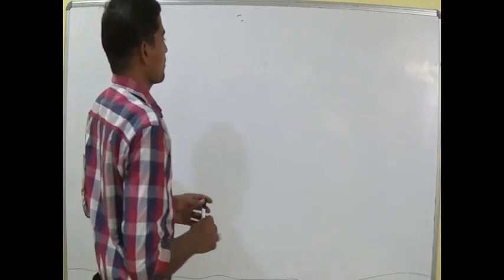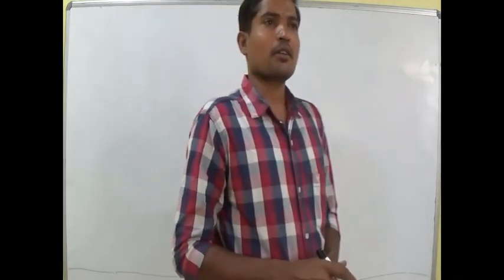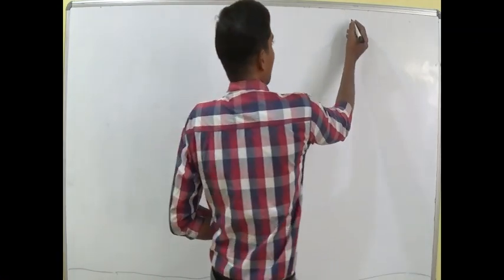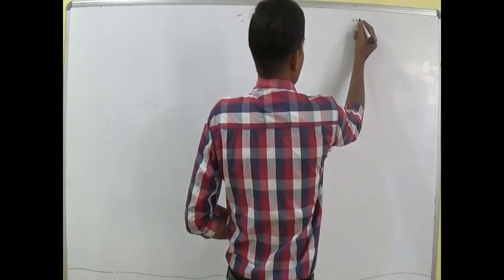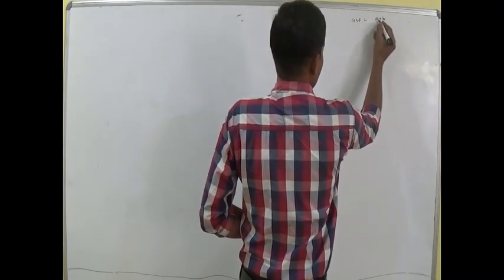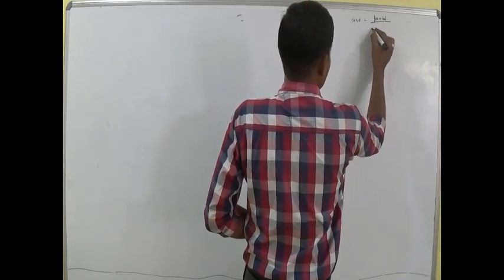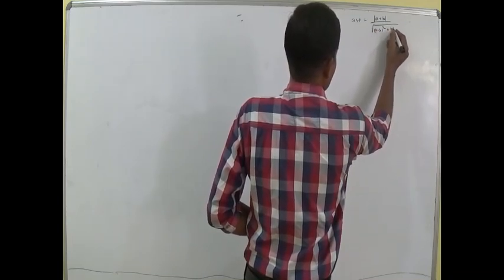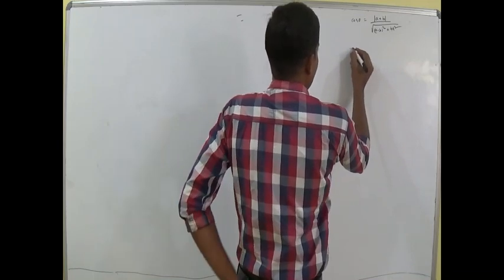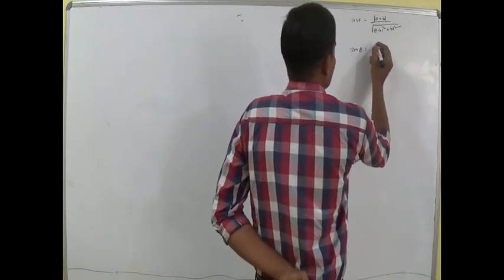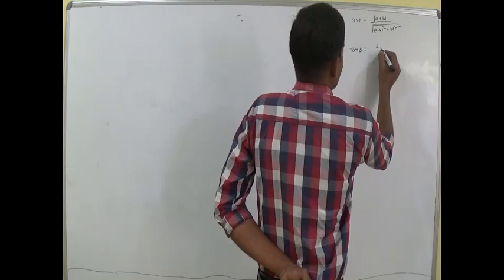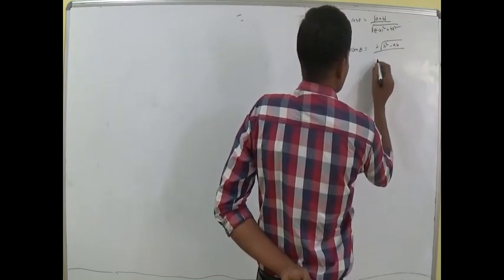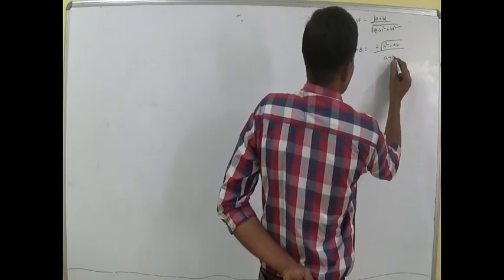So we discussed that before. Then cos theta equals modulus of a plus b by square root of (a minus b) whole square plus 4h square, and tan theta equals 2 root of h square minus ab by a plus b.